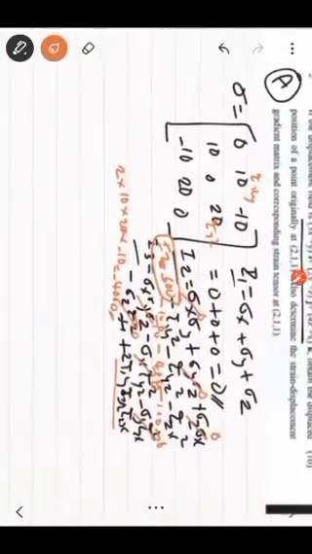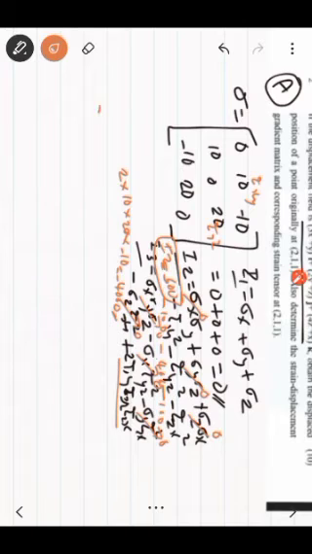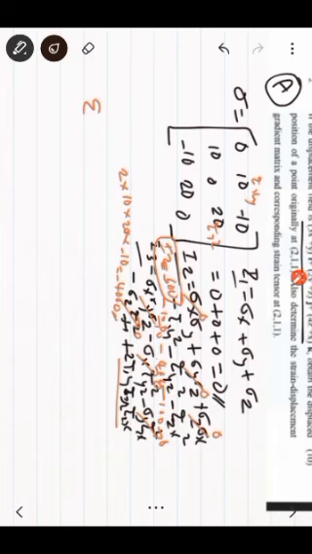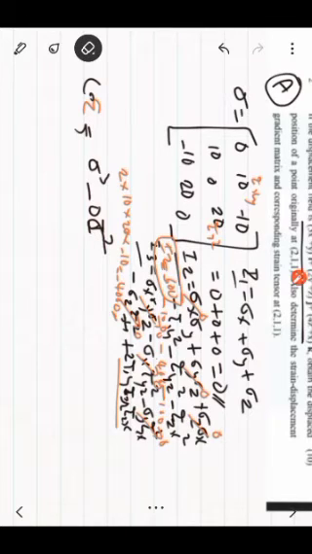What is the characteristic equation? The characteristic equation of the principal stress in 3D is sigma cube minus I1 sigma square, which is 0 times sigma square, because I1 is 0.